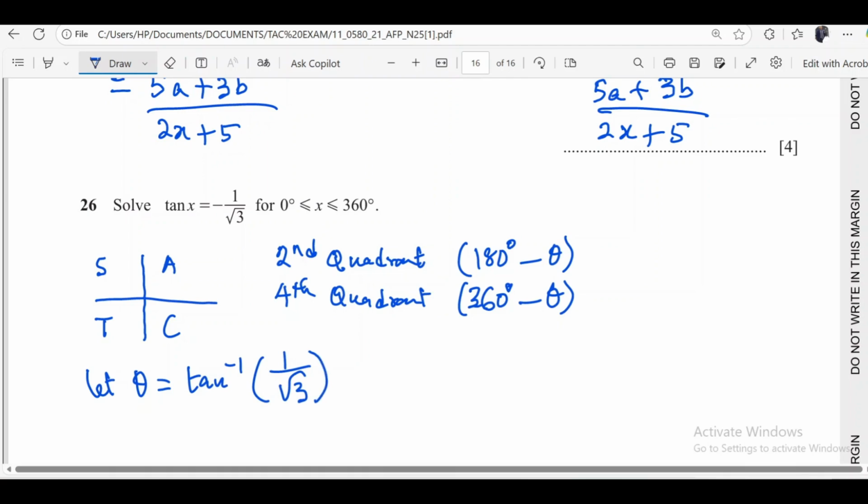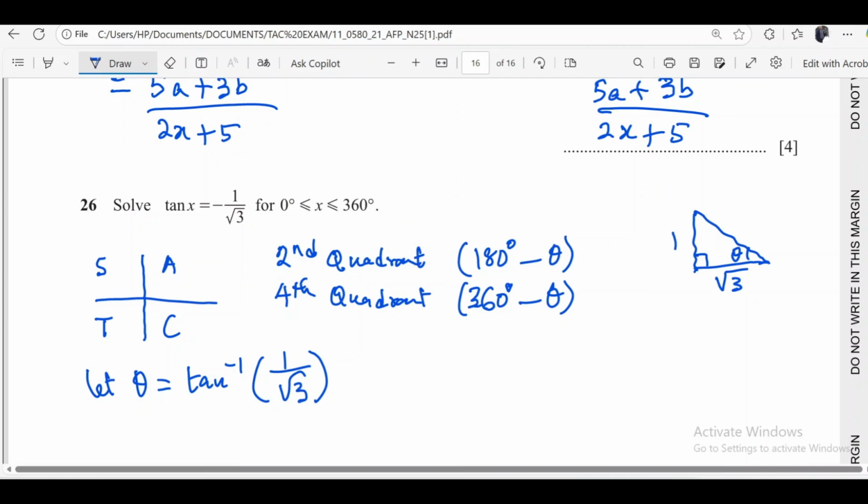That's the acute angle. And if you look here, this is tan, opposite over adjacent.